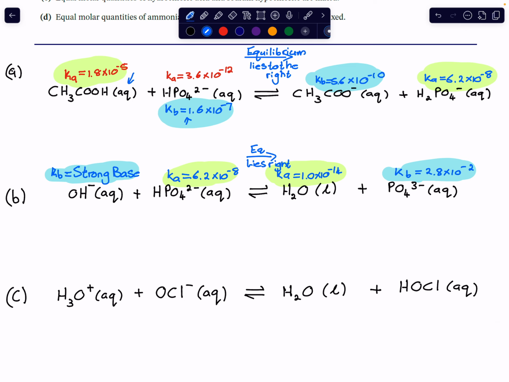In the next example, we're told hydrochloric acid and sodium hypochlorite are mixed. Hydrochloric acid is a very strong acid; its Ka is very large.